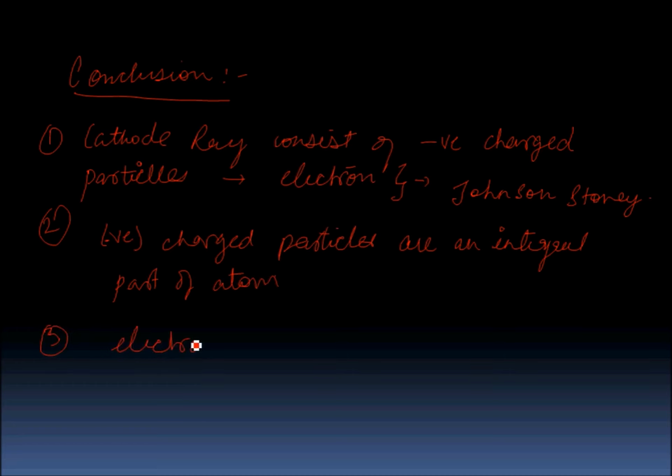And electrons have both definite mass and charge, right? Both of which are independent of the nature of the gas used in the discharge tube. That is the independence from the nature of the gas used in the discharge tube.